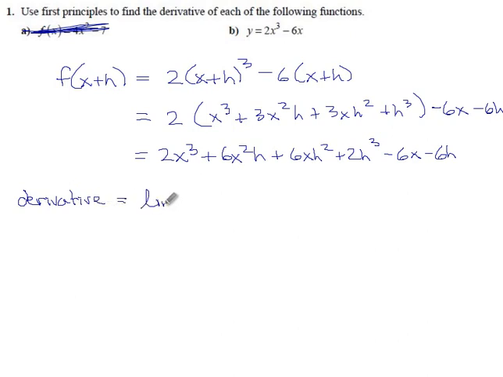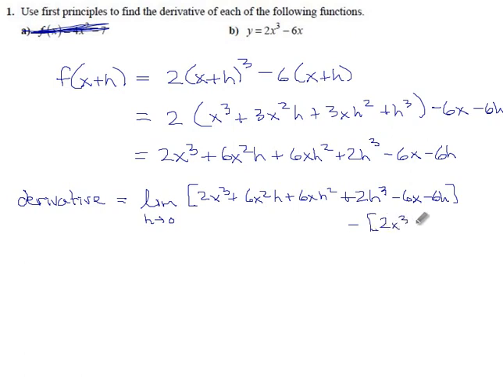So, our derivative is the limit as h goes to 0 of f of x plus h, so all this stuff, 2x cubed plus etc., minus f of x, which is 2x cubed minus 6x, all over h.